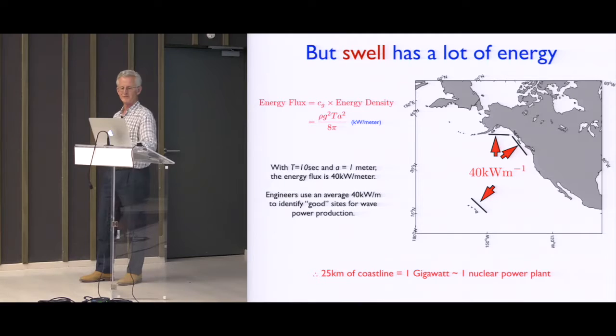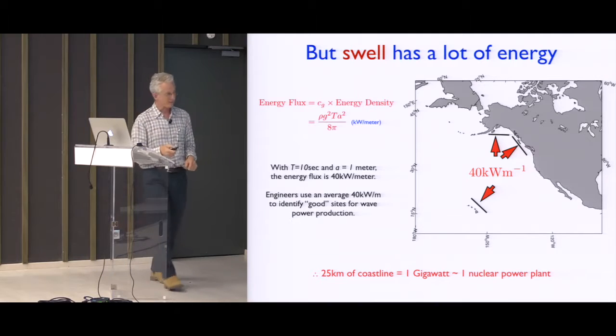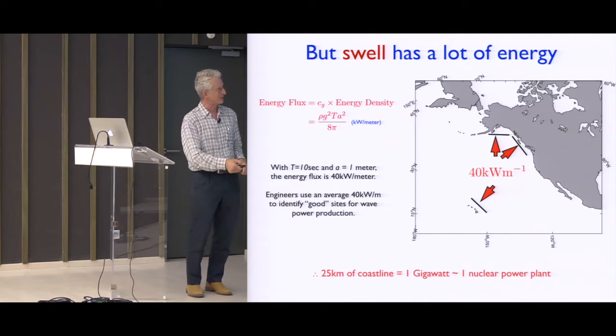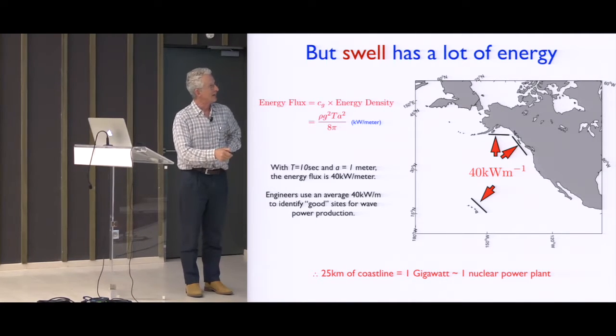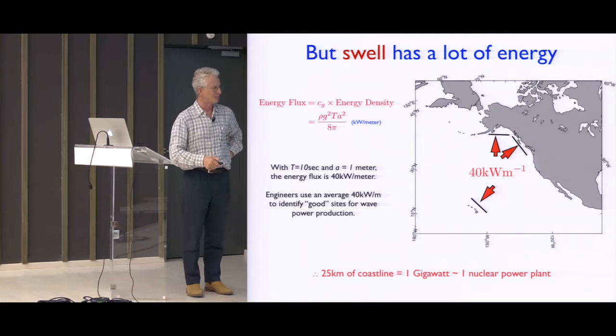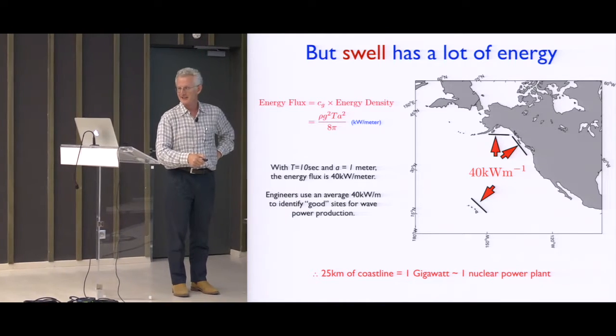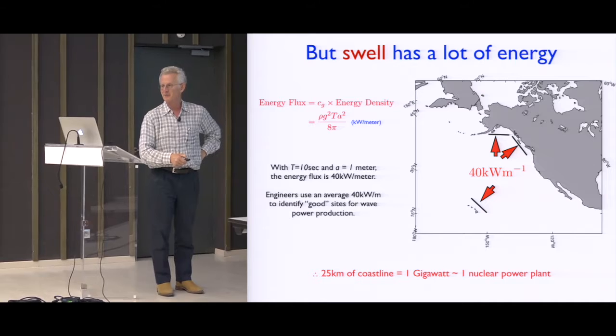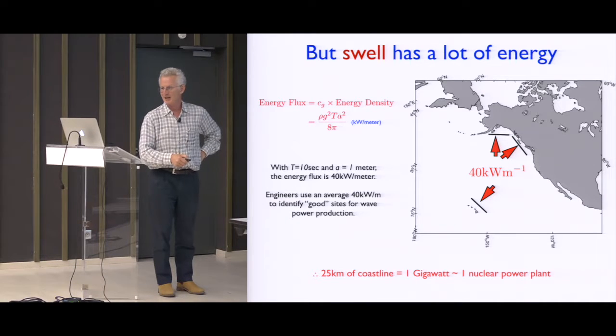Go right back to the beginning, to my 40 kilowatts per meter and 1 nuclear power station every 25 kilometers of coastline. This is with 1 meter waves, but they could easily be bigger by a factor of 3 or 5. So you should be dividing 25 kilometers by 10 or 25. Imagine there's a nuclear power station every 5 kilometers heating up the water when they break.